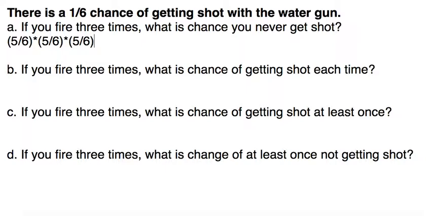Every single time you spin the water gun again with another water bullet, you have a 5/6 chance of being safe, right? So it's 5/6 times 5/6 times 5/6, which of course is the same thing as 5/6 to the power of 3.